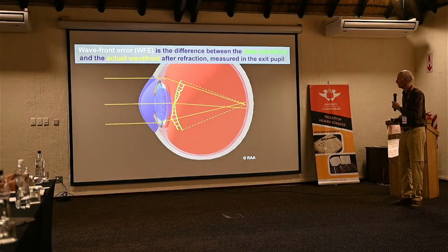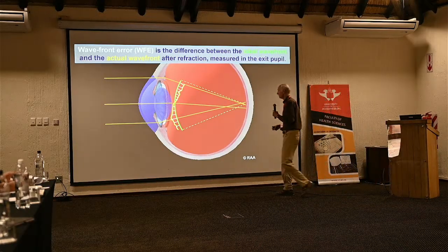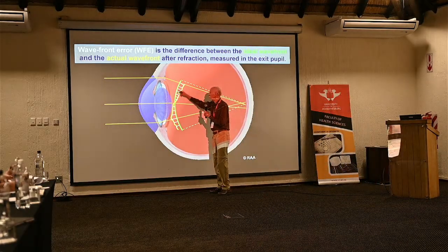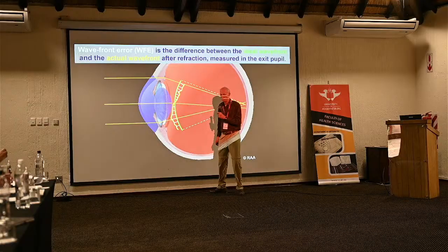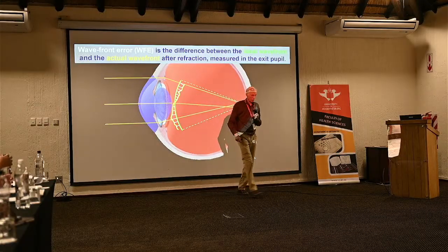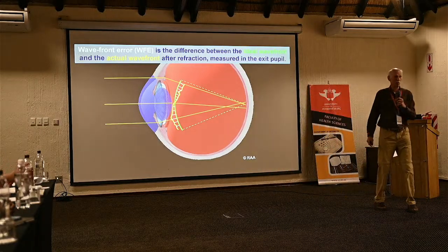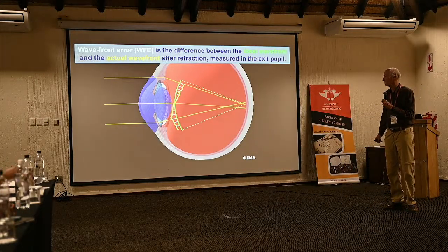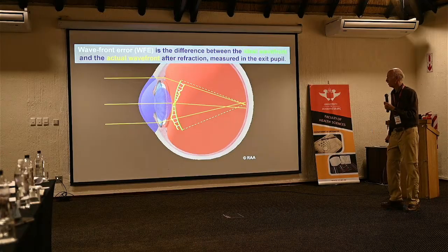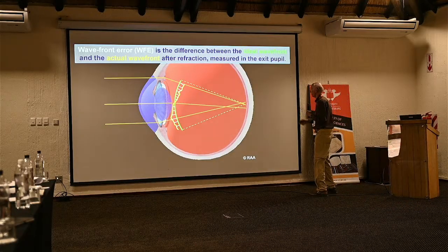So here's that famous diagram now showing how wavefront error is going to be defined as the difference between an ideal wavefront and the actual wavefront. And we want to know this distance. Well, like I said yesterday, you can't get a ruler in there to measure it. But what we're going to be able to do is to measure its slope. And we're going to do it in a way that's reverse from what this diagram shows.